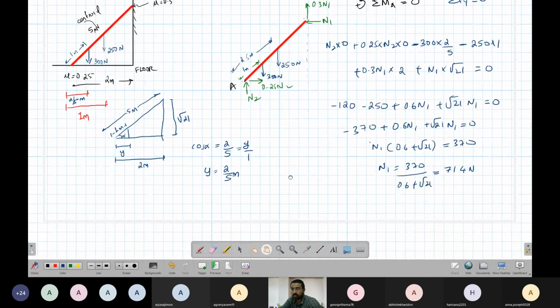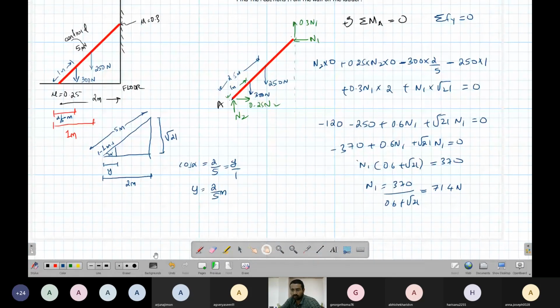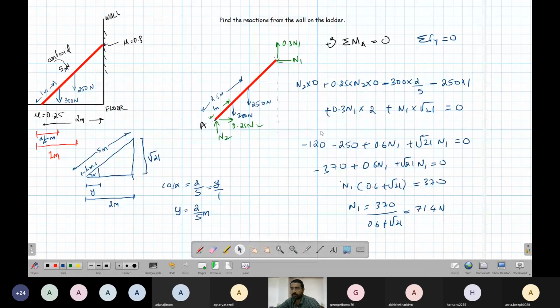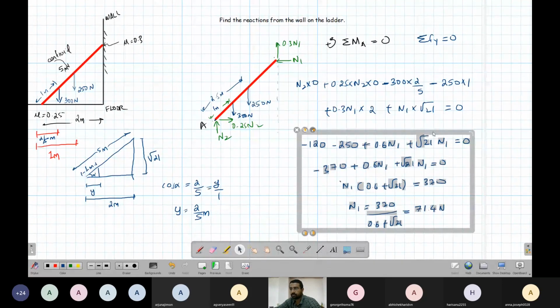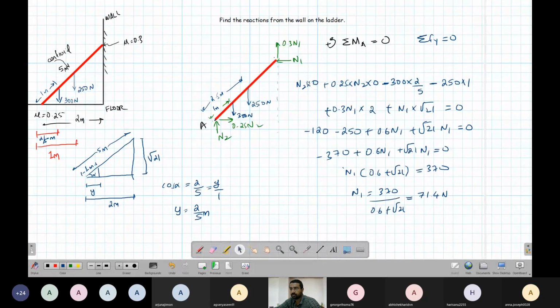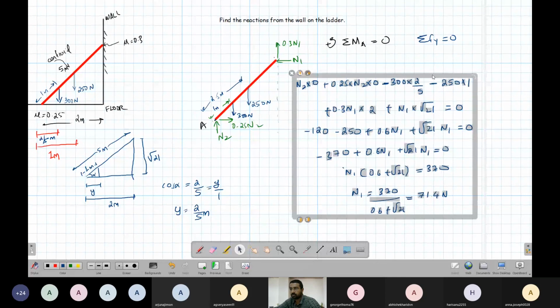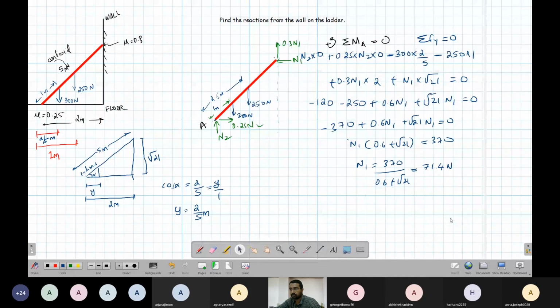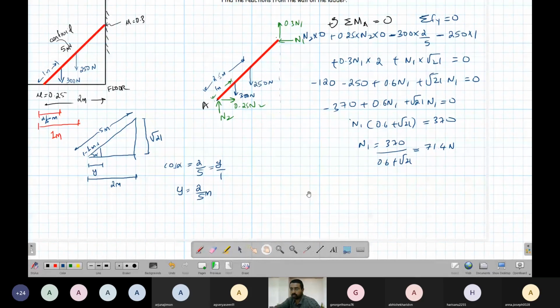So let's write forces in vertical equal to 0. Up is positive.